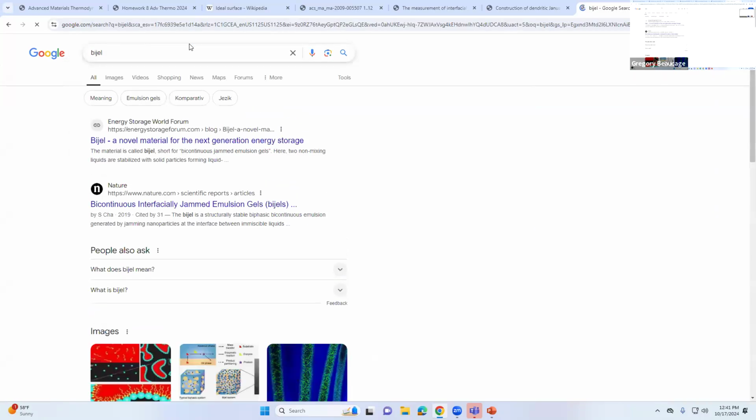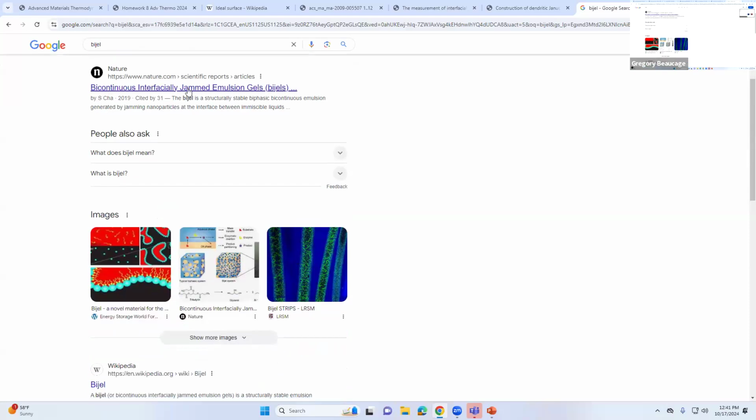It's a bicontinuous interfacially jammed emulsion. So it's a Pickering emulsion where the thing's spinodally decomposed and the particles go to this interface of the spinodal that forms. So that actually would be a good thing to give for a paper, but I didn't do that. But anyway, it's kind of interesting.